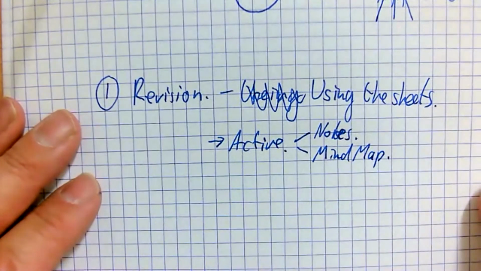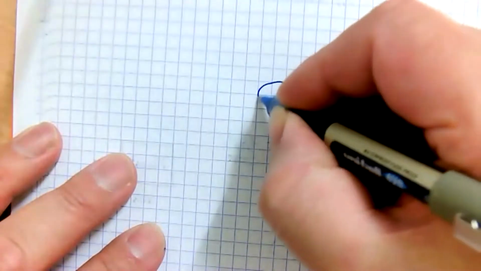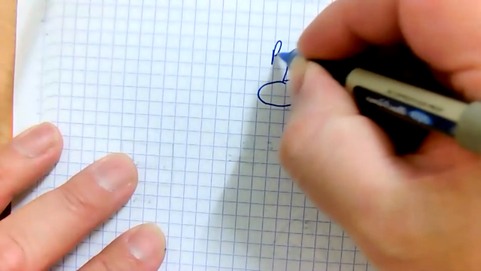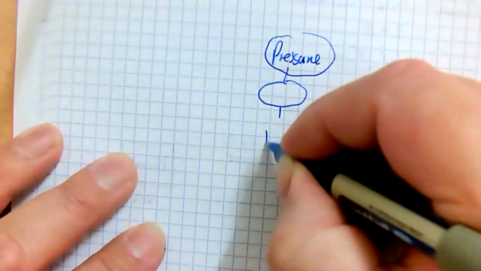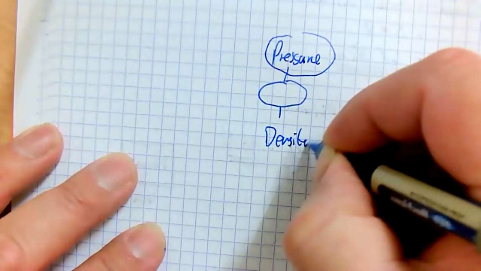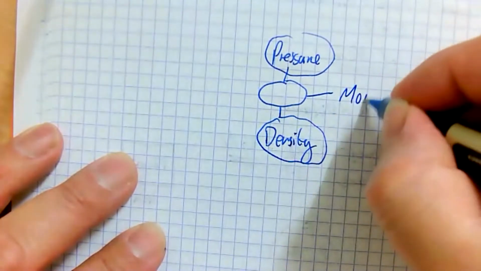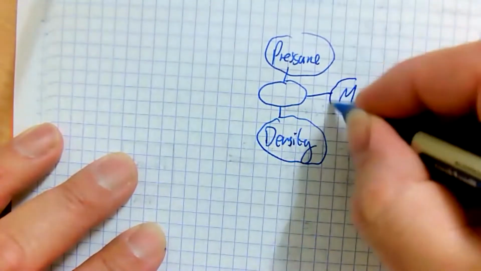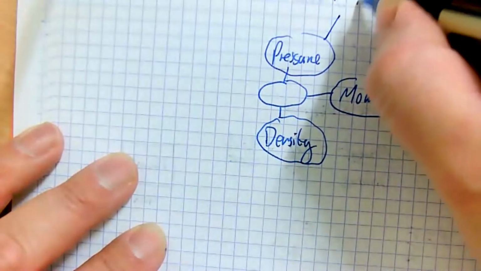Do you all know what a mind map is? Do you remember what a mind map is? Yeah, so it's the idea that we looked at two particular parts. We looked at pressure, we looked at density, we looked at moments. We knew that each of these has an associated formula. Pressure is force over area.